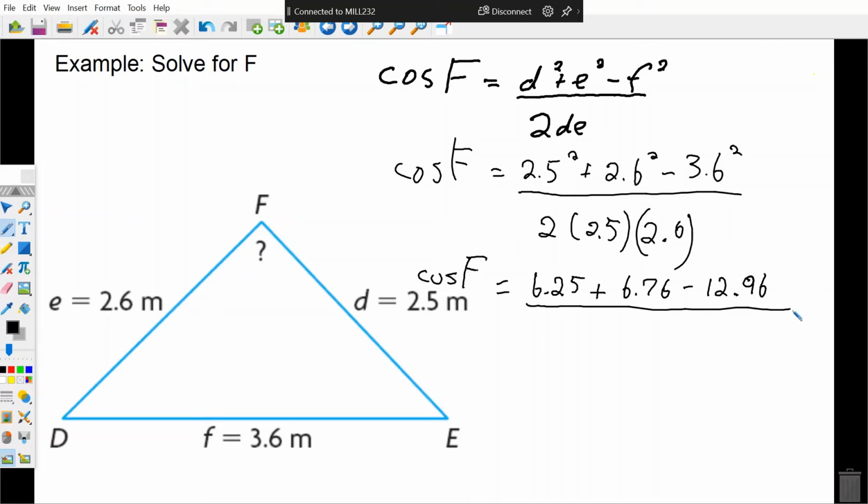On the bottom, 2 times 2.5 times 2.6 should be 13. Now we're going to add the top together. 6.25 plus 6.76 minus 12.96 equals 0.05 divided by 13.